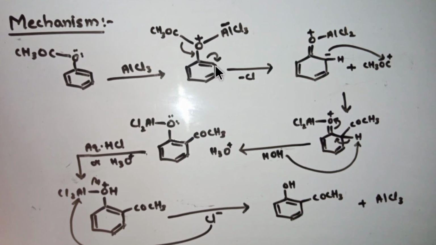One bond of this carbon will be broken, because it has already completed its covalence. So this bond will break toward here and produce a negative charge, and the positive charge will remain on this oxygen, because oxygen had three bonds before and still has three bonds, so the positive charge remains constant.